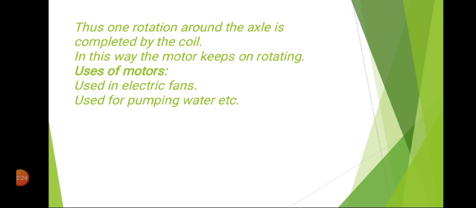Students, kindly remember these points. First, in a commercial motor, the armature coil has a large number of turns wound on a soft iron core. The armature of a commercial motor rotates in the magnetic field produced by an electromagnet. This is the point which you have to remember.